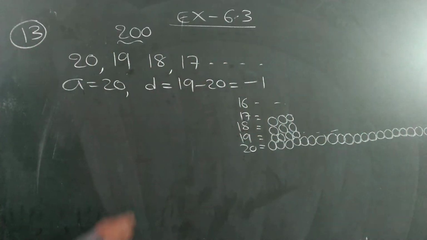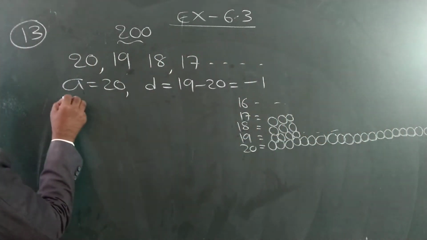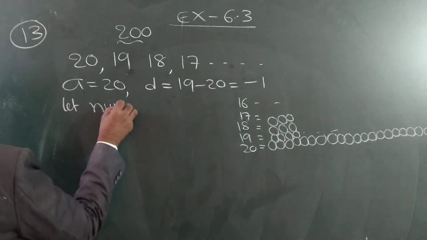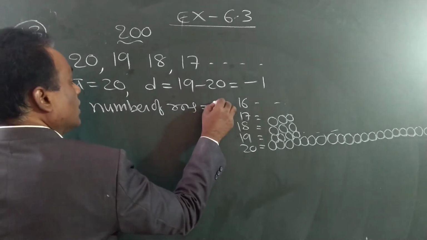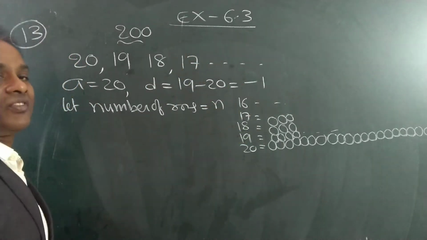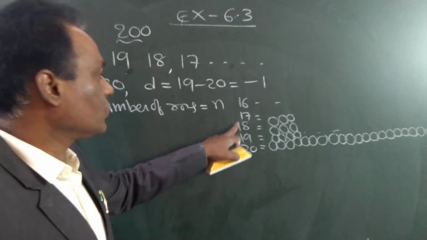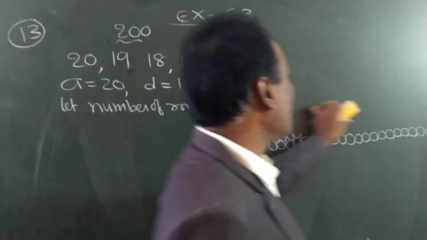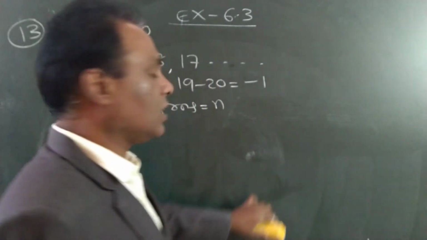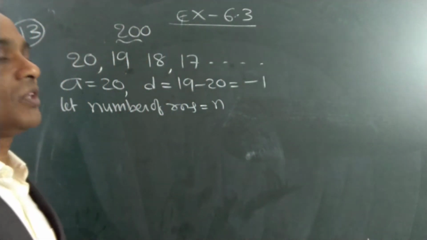The question is, how many rows? Let the number of rows be n: first row, second row, third row, like that, n rows, because we don't know how many rows we have to keep.